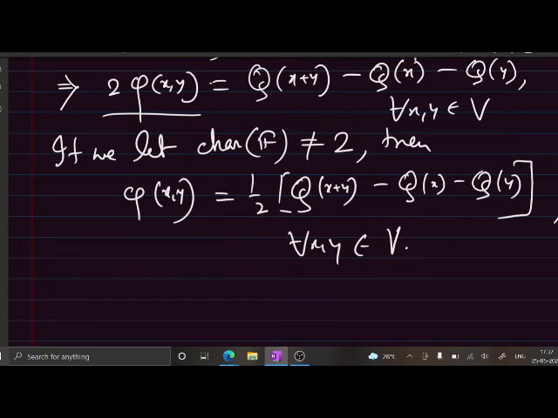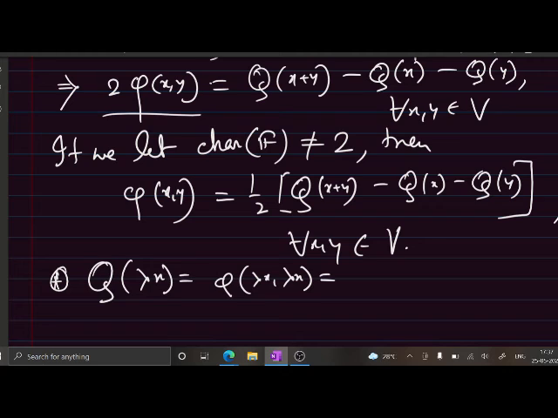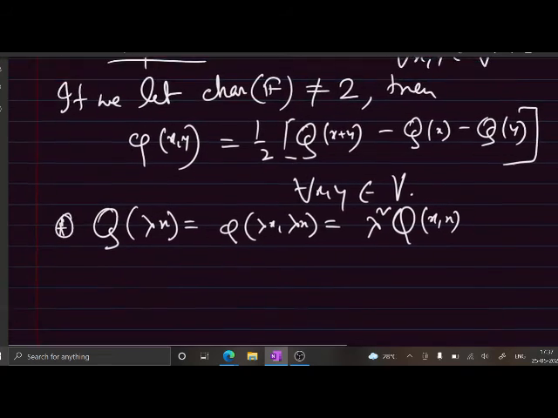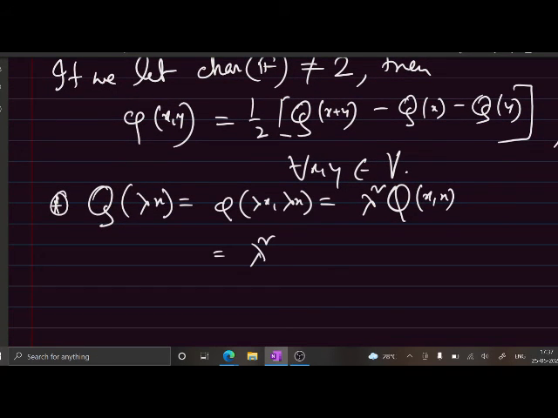And number 2, q of lambda x. This is phi of lambda x, lambda x, so that is lambda square phi(x,x), so that is lambda square q(x), and this is true for all vectors x from V and for all scalars lambda.